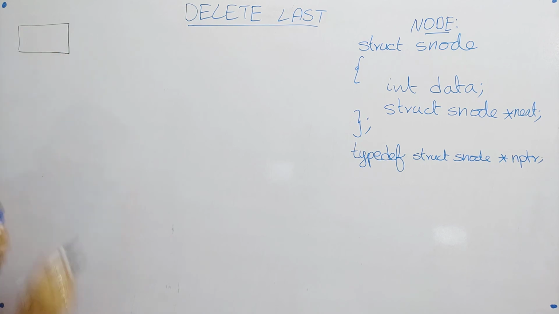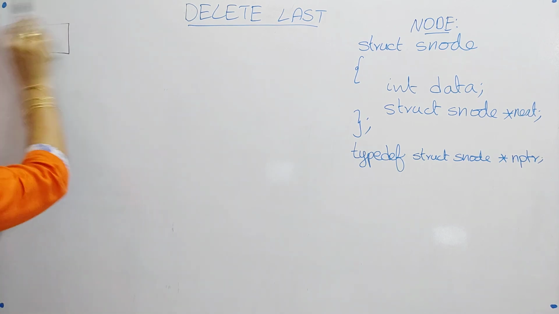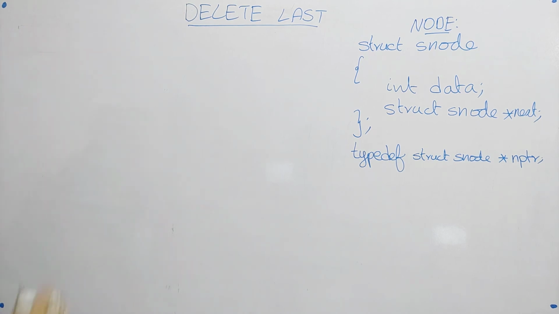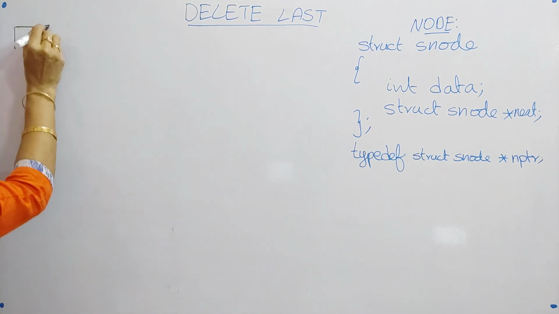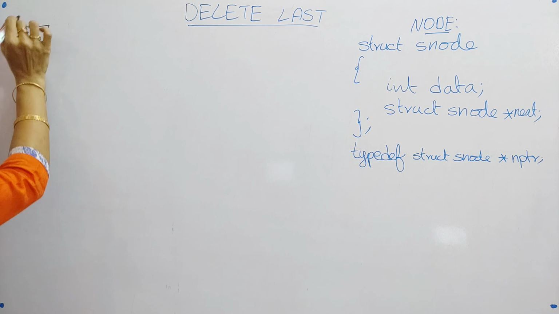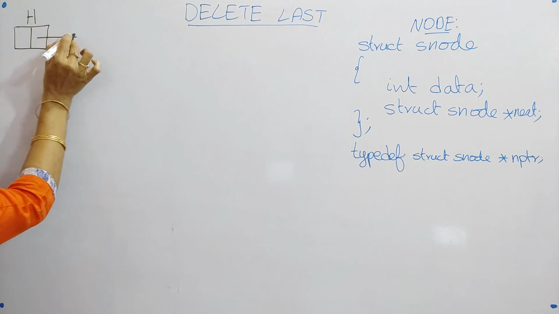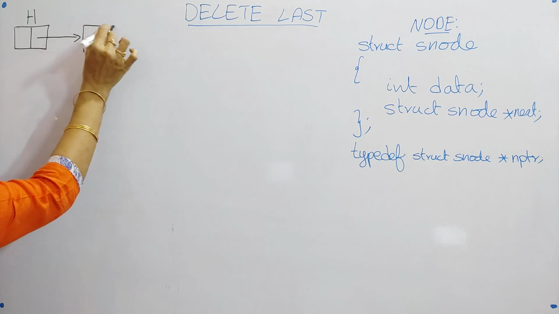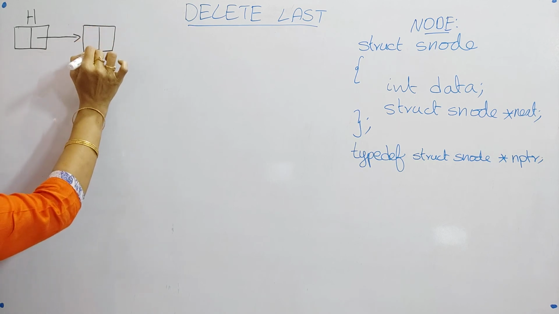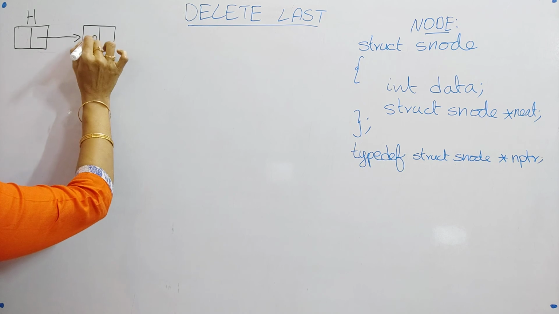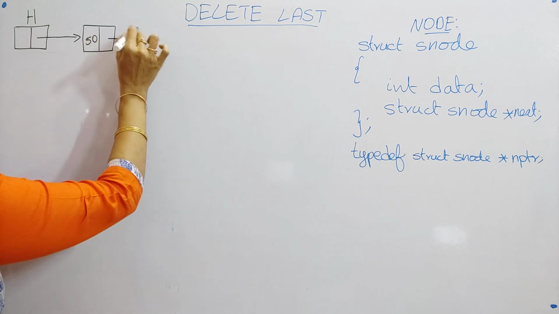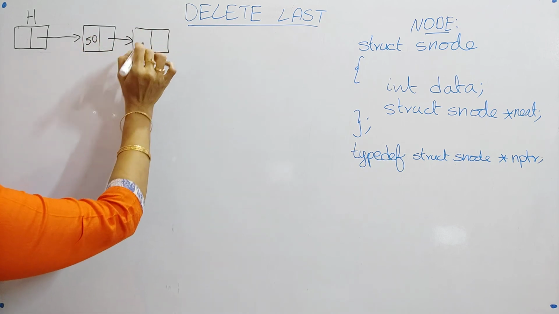This is a header node H, and here it is pointing to the first node, that is our list's first node. For example, my value is 50.